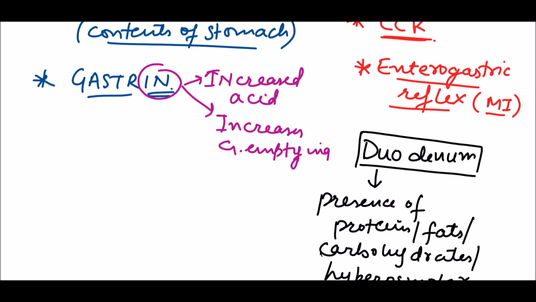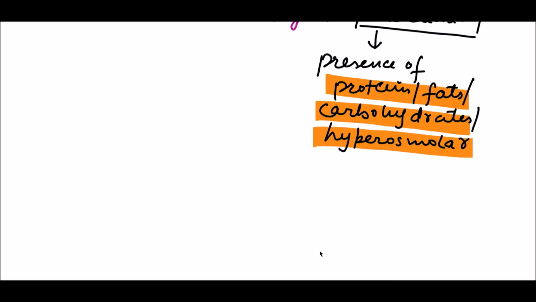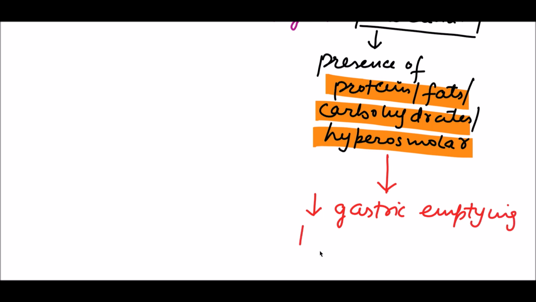Or if there is presence of a hyperosmolar solution in the duodenum, it inhibits gastric emptying. It causes decrease in gastric emptying through a local reflex, and that reflex is called the enterogastric reflex.